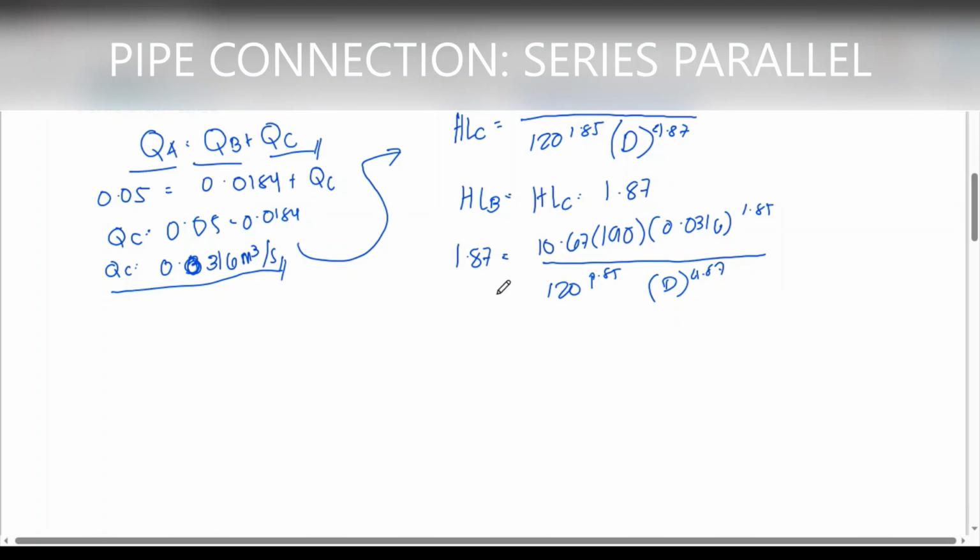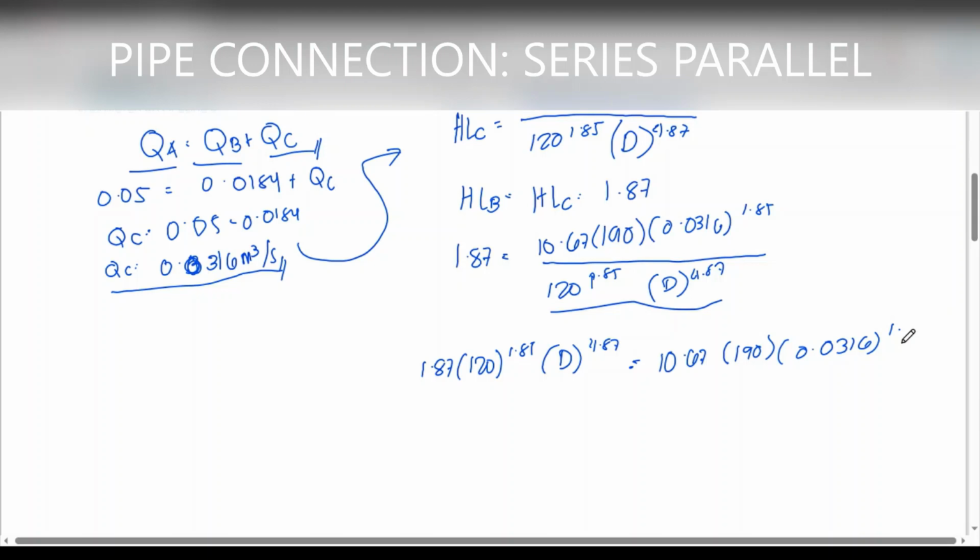Now, multiplying both sides by this quantity, we can say that 1.87 times 120 raised to 1.85 times d raised to 4.87 is equal to 10.67 times 190 times 0.0316 raised to 1.85.